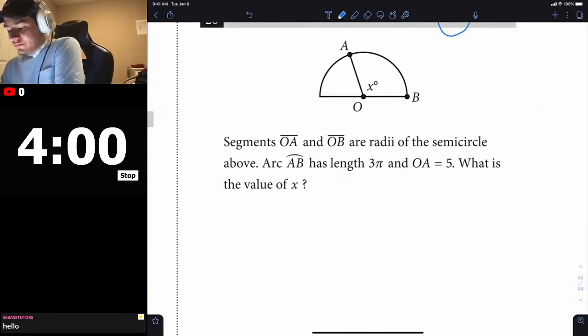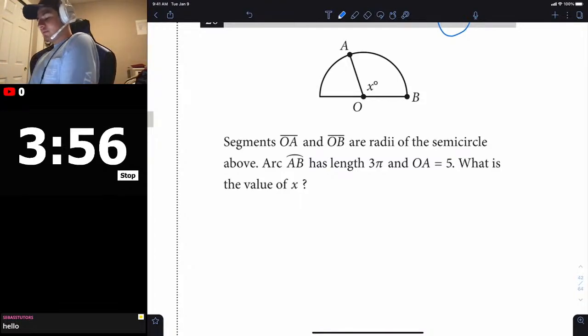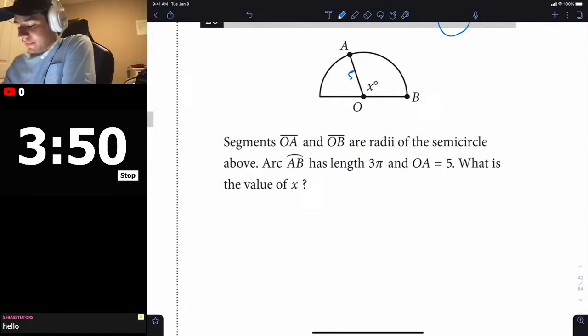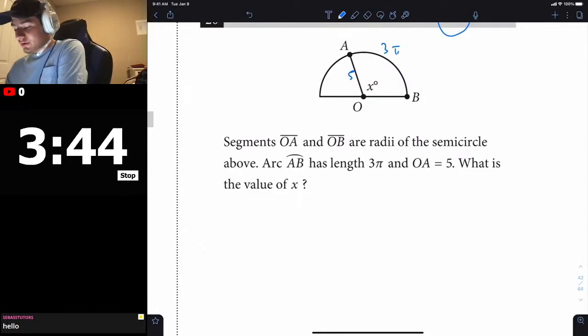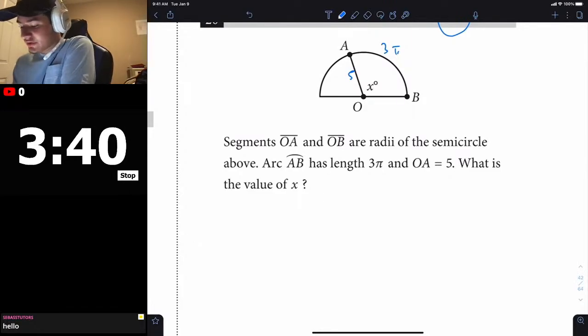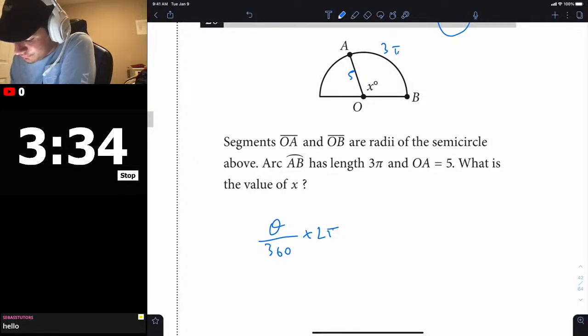Segments OA and OB are radii of the semicircle above. Arc AB has a length of 3 pi and OA equals 5. So the radius of the circle, or the semicircle, is 5, and then this arc is 3 pi. So for this problem, we need to remember the arc length formula, which is just going to be theta over 360 times 2 pi r.